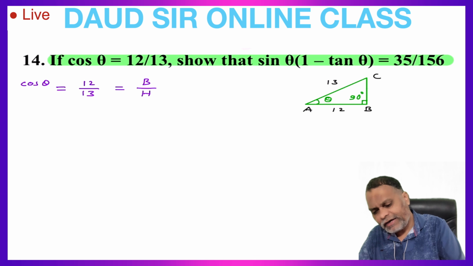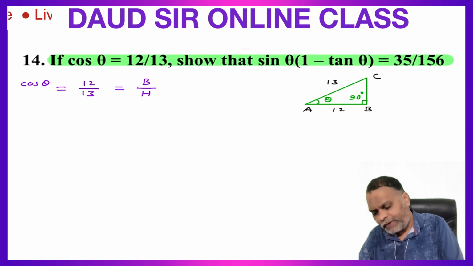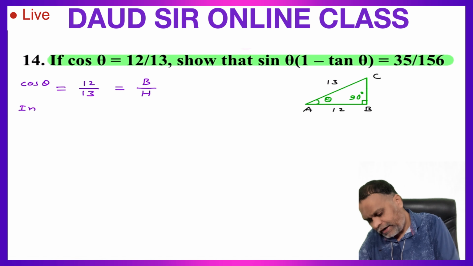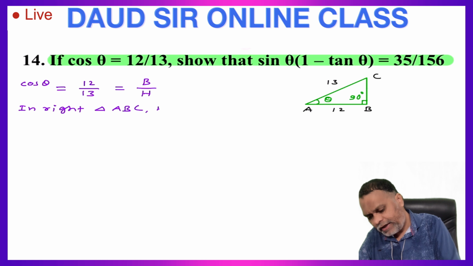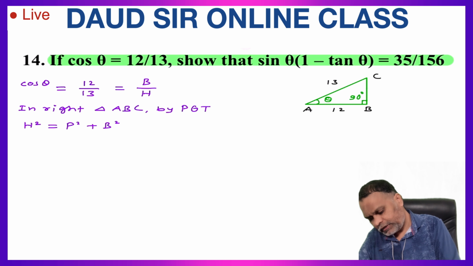So in right triangle ABC, by Pythagoras theorem, h square is equal to p square plus b square. Substitute values. H is AC here, so AC square.